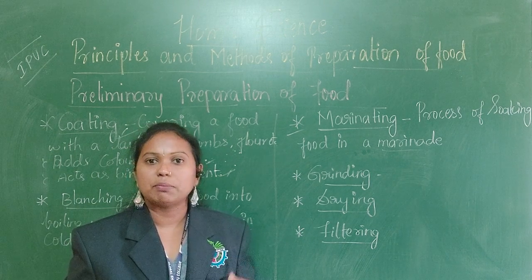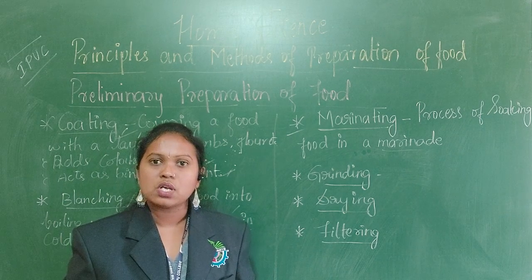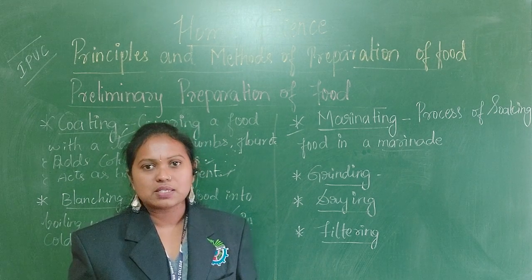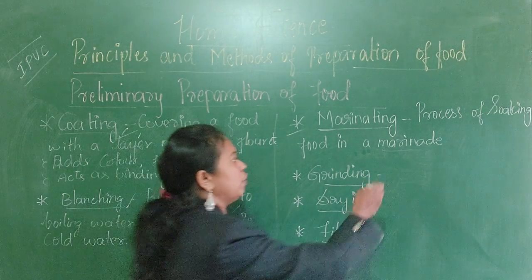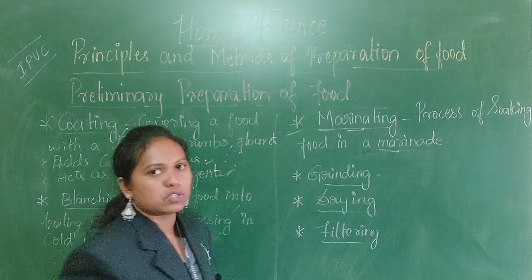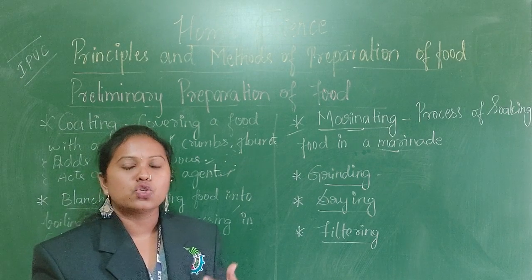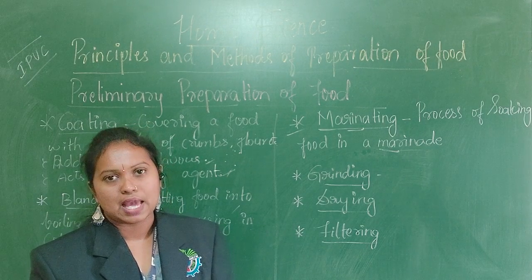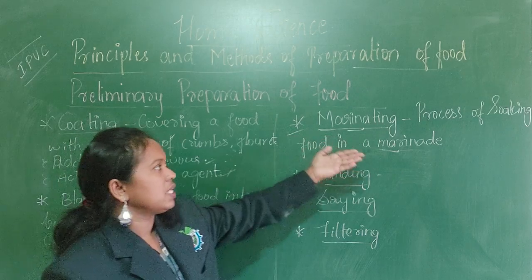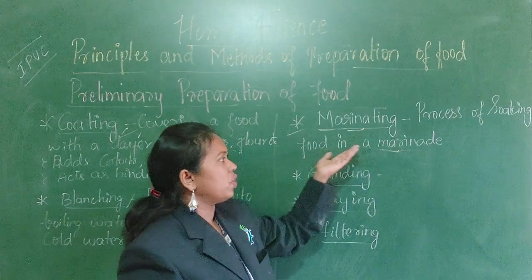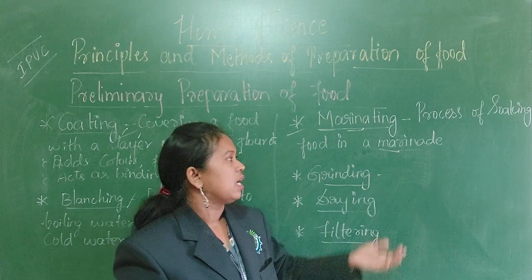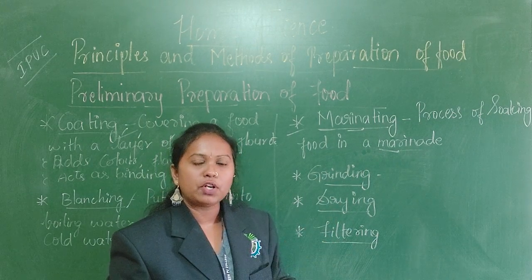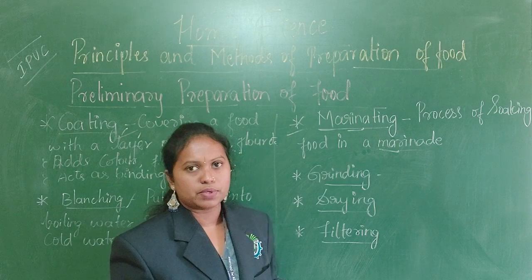When coming to meat, lemon juice, oil, some spices and herbs could be used as a marinade. Like this, so many food items could be marinated. So marinating means the process of soaking the food in the marinade. Marinade consists of liquid made only for this purpose.